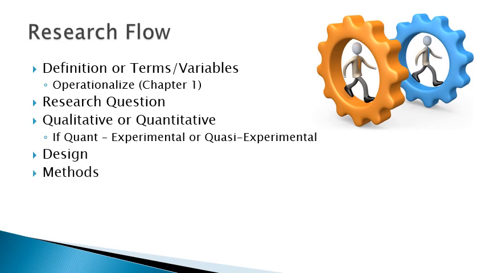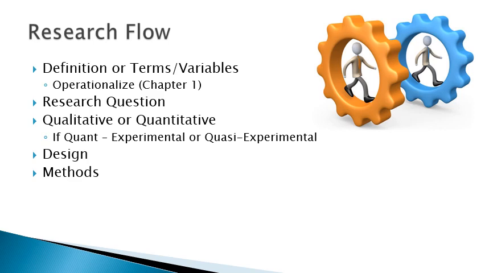The next thing in your research flow, so we know what we're talking about, we've defined our variables, we know what question we want to ask, which drove us to qualitative or quantitative, then we've selected our design. Now we have to say, how are we going to get the information? That's the methodology, the methods we're using.